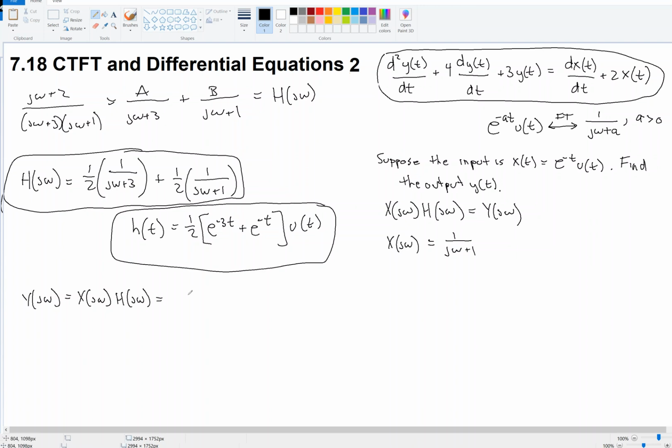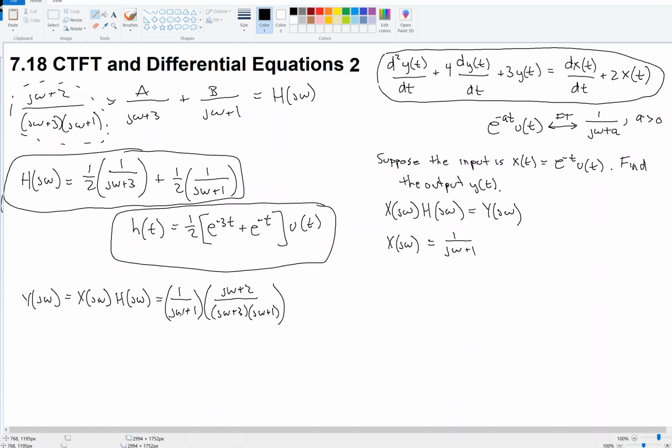So that's equal to 1 over j omega plus 1 times, and I'm going to use this form of H before we use partial fraction expansion. You'll see why in just a second. Hint, I'm going to need to expand it again, so I'm backing up from the expansion.